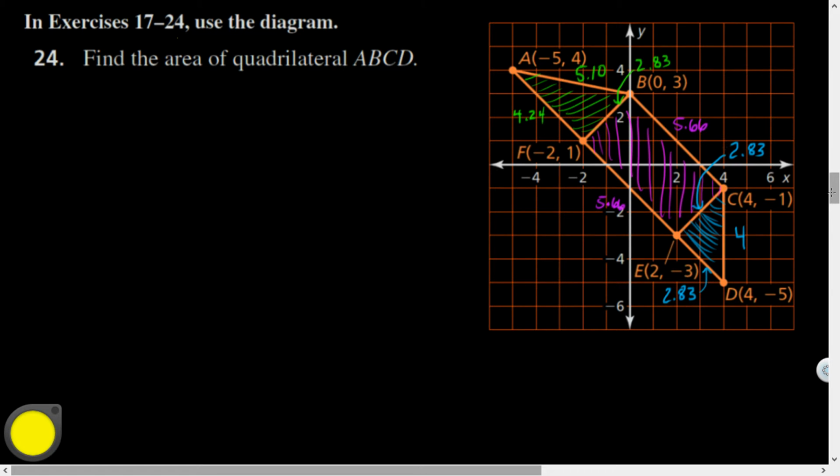All right, for this boss fight problem where you had to pull all your skills together simultaneously, I've pre-done some of this for us. It was a lot of distance formula. One of the things I want to point out, a really big idea, is that the diagonal of a square is not equal to the side lengths of a square.